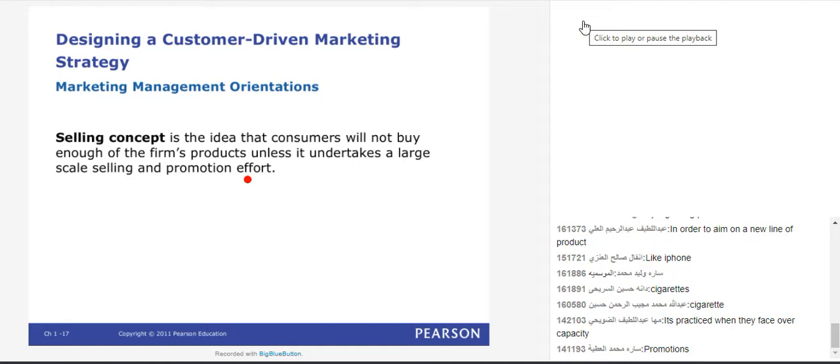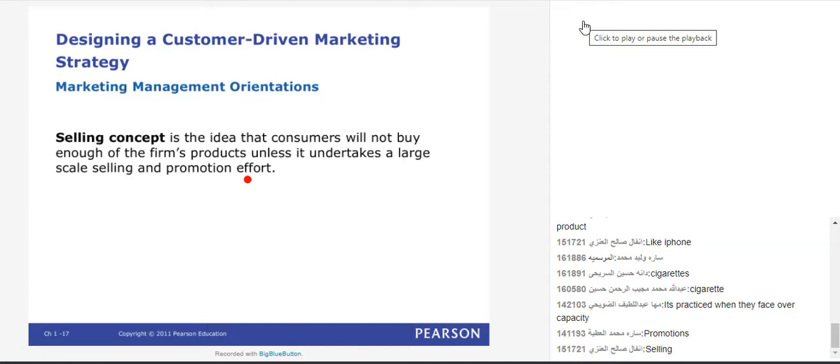Yes, Maha, this is true. They practice this when they face over capacity. They have a surplus of products. What is usually done when we have surplus? Surplus, wafra. In my stores and in my factories I have surplus, lots of products in the warehouses.